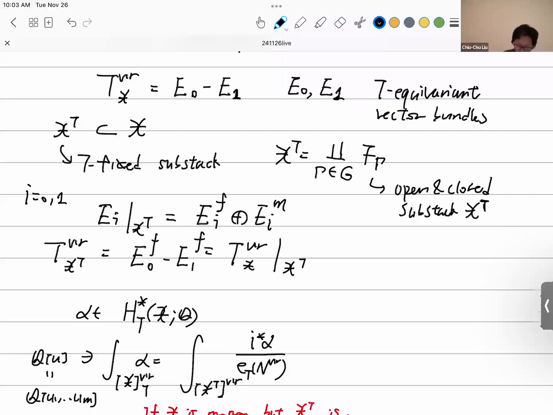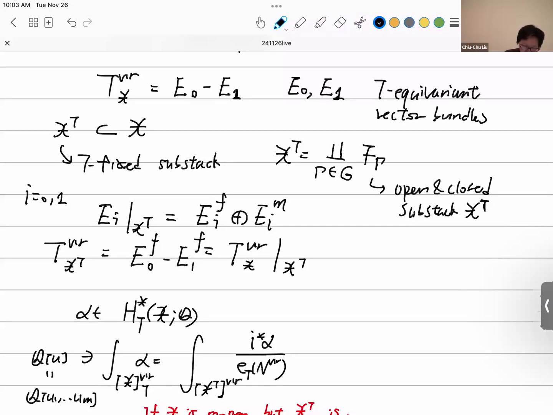So when we restrict the virtual tangent bundle of the whole thing to the torus fixed part, the fixed part gives us the virtual tangent bundle of the torus fixed part.